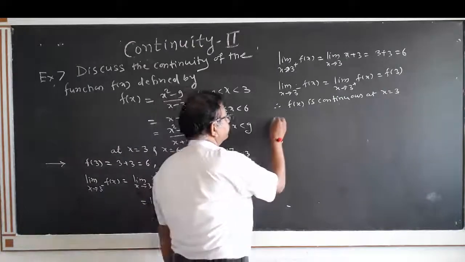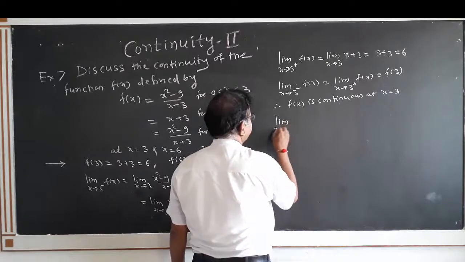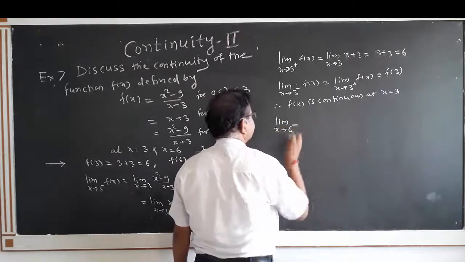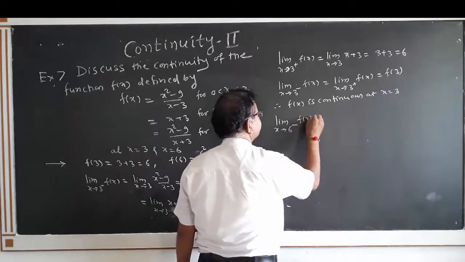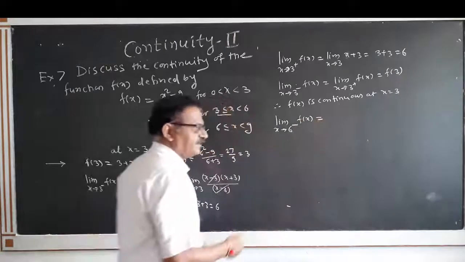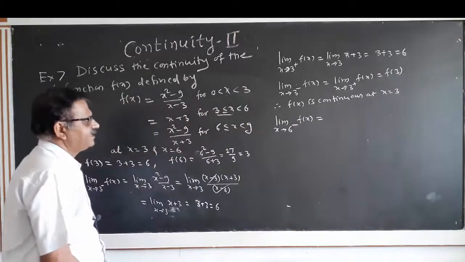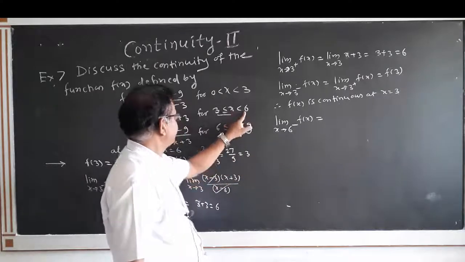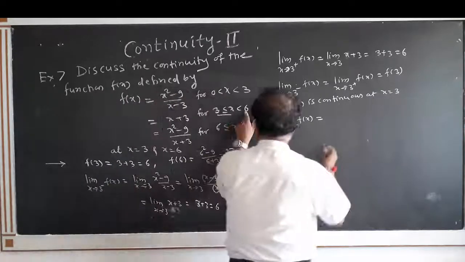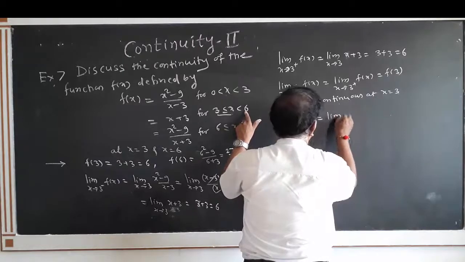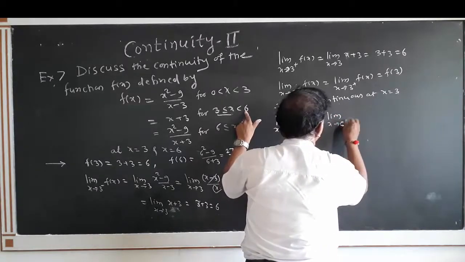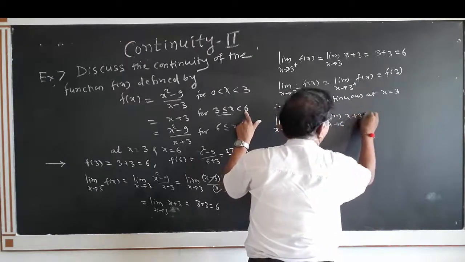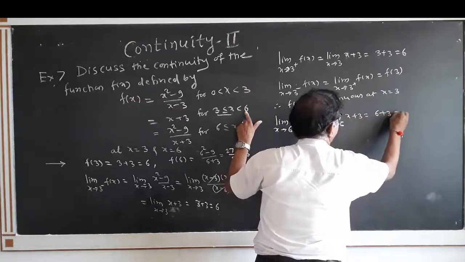For that, we shall find out limit x tends to 6 minus of f(x), that is left hand limit of f(x) at 6. x is approaching 6 from left hand side, that means x is less than 6. Therefore, value of f(x) is x plus 3. Limit x tends to 6 of x plus 3 equal to 6 plus 3 equal to 9.